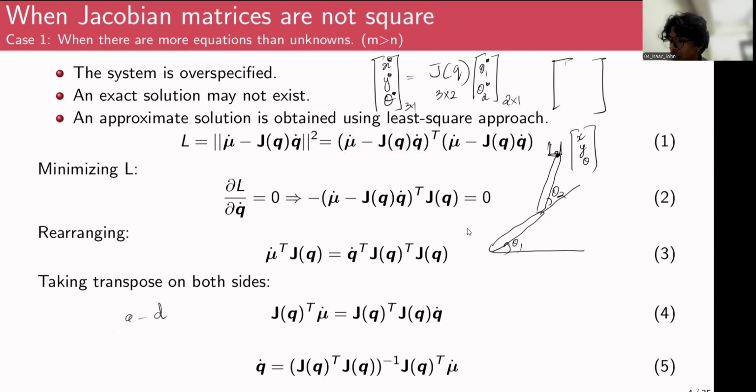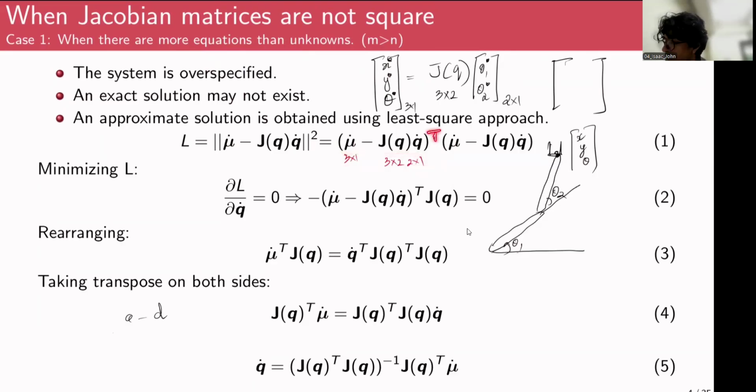Now, just for clarity, let's see what these dimensions are. In this case, mu dot is a vector 3 cross 1. J of Q, earlier we have established this to be 3 cross 2, and Q dot is 2 cross 1. So this entire term is basically a 3 cross 1 vector.